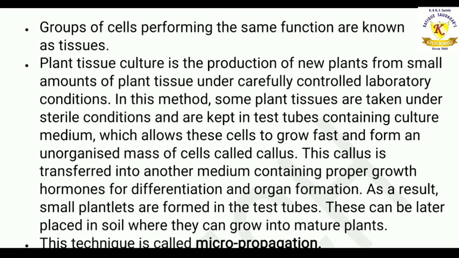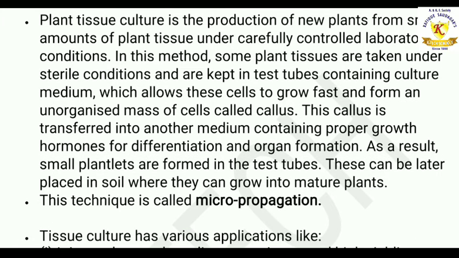In this method, some plant tissues are taken under sterile conditions and are kept in test tubes containing culture medium, which allows these cells to grow fast and form an unorganized mass of cells called callus.